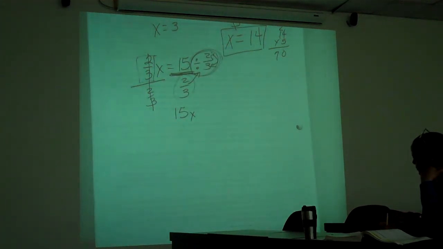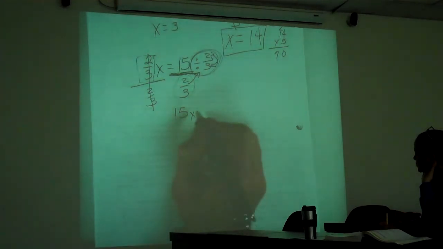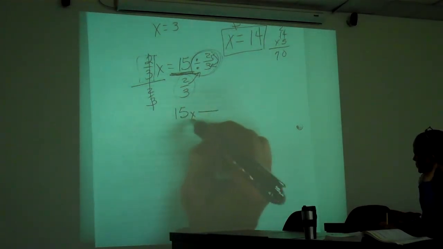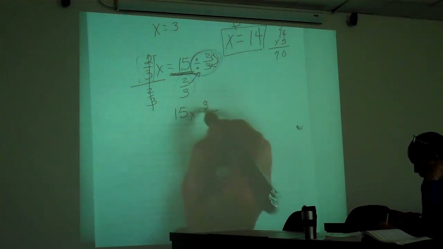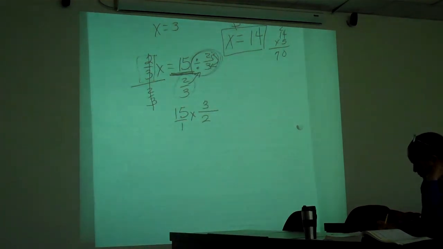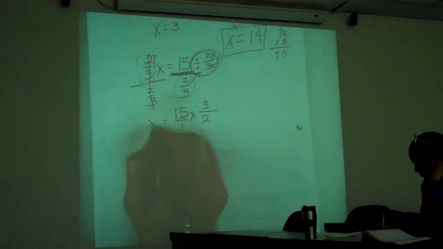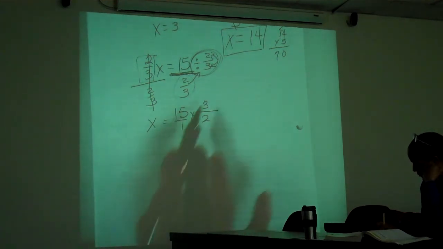Doing this as a decimal would make a crazy decimal, 0.66 repeating. This gives you the exact number. So we're multiplying by the reciprocal, which is 3/2. X equals 15 times 3/2.